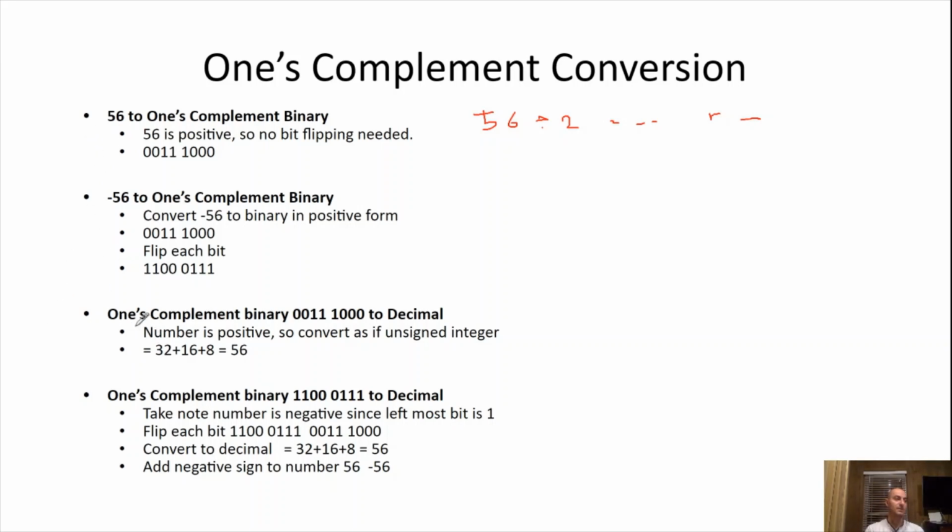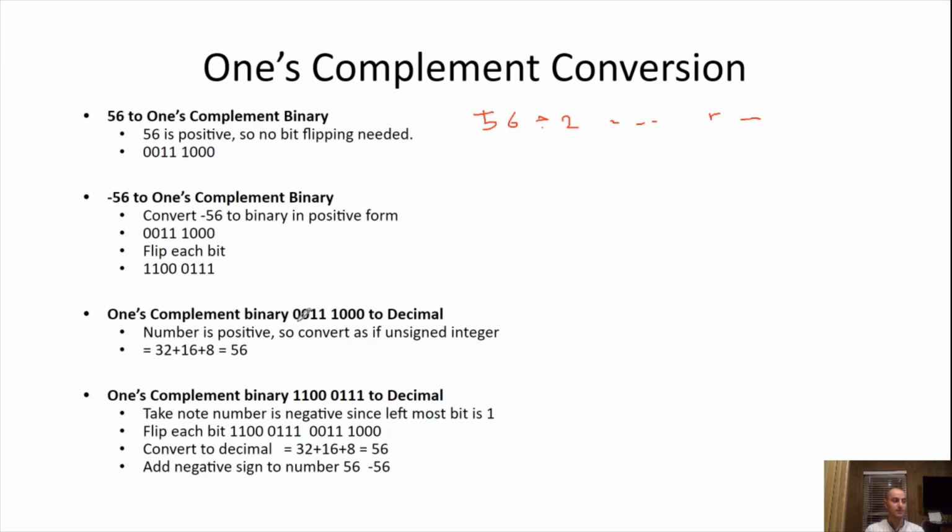So now let's look at the other way. You have a one's complement number, you have a binary number, and you want to get the decimal value of that. So we do basically the opposite. We have this number, and is it positive or negative first?